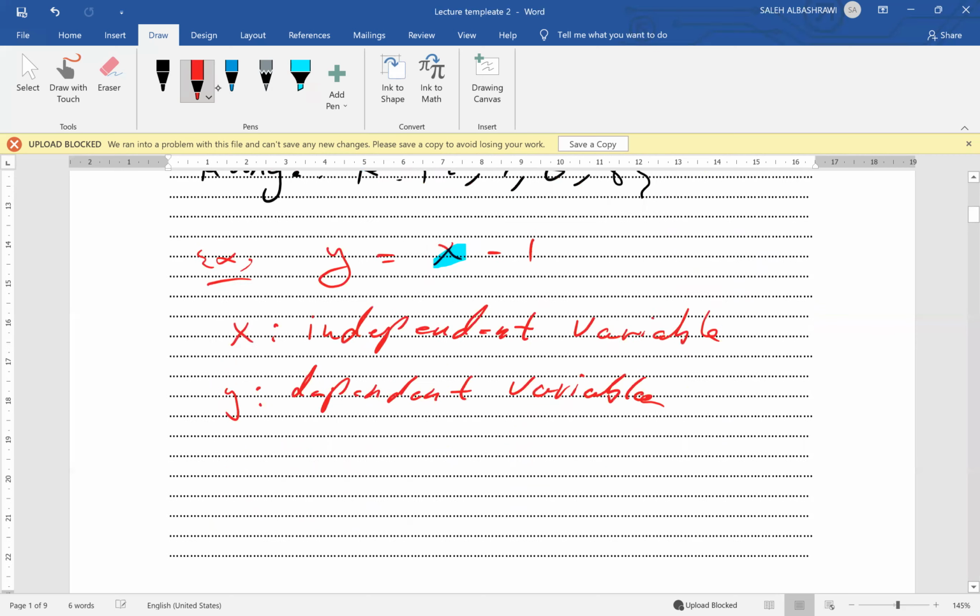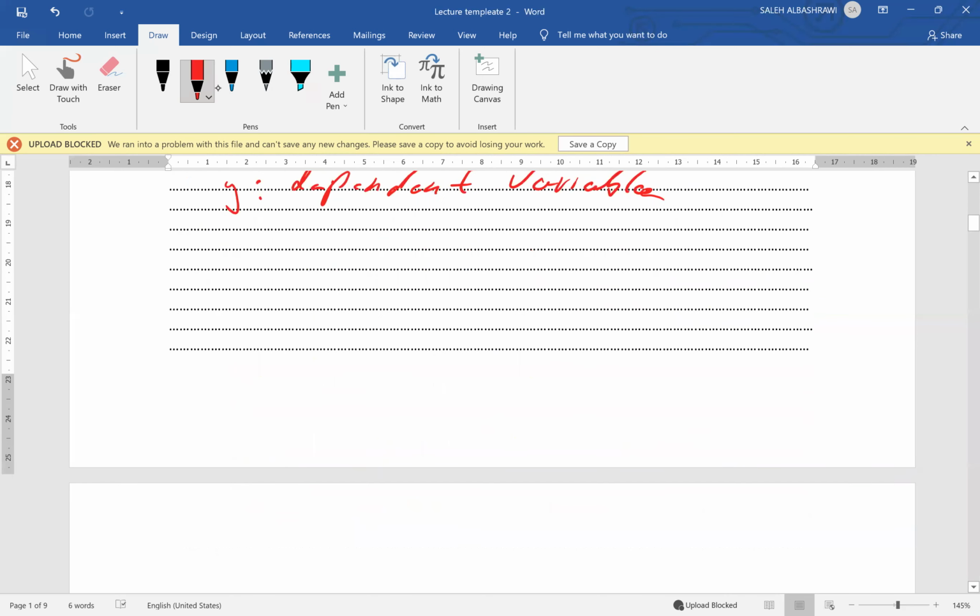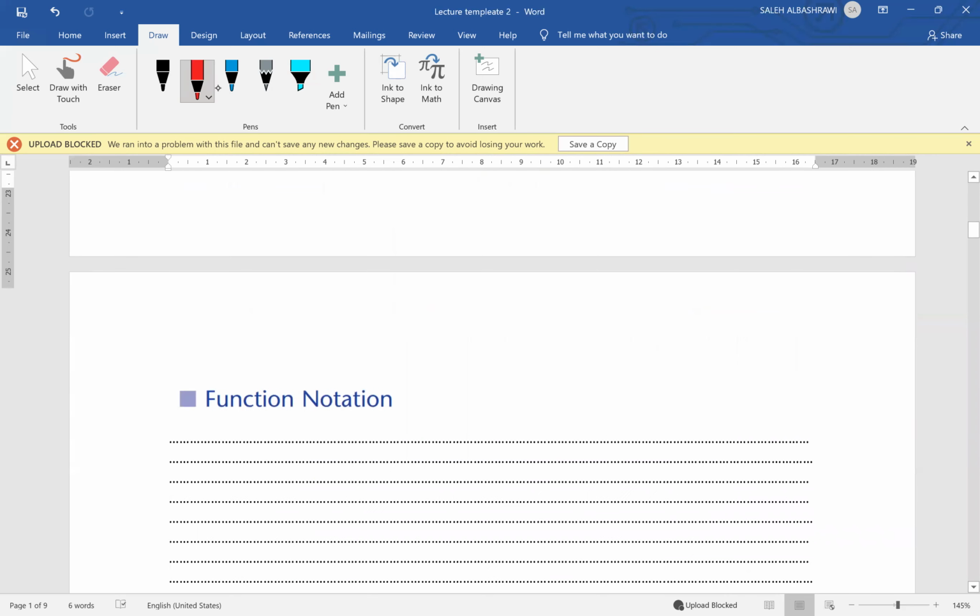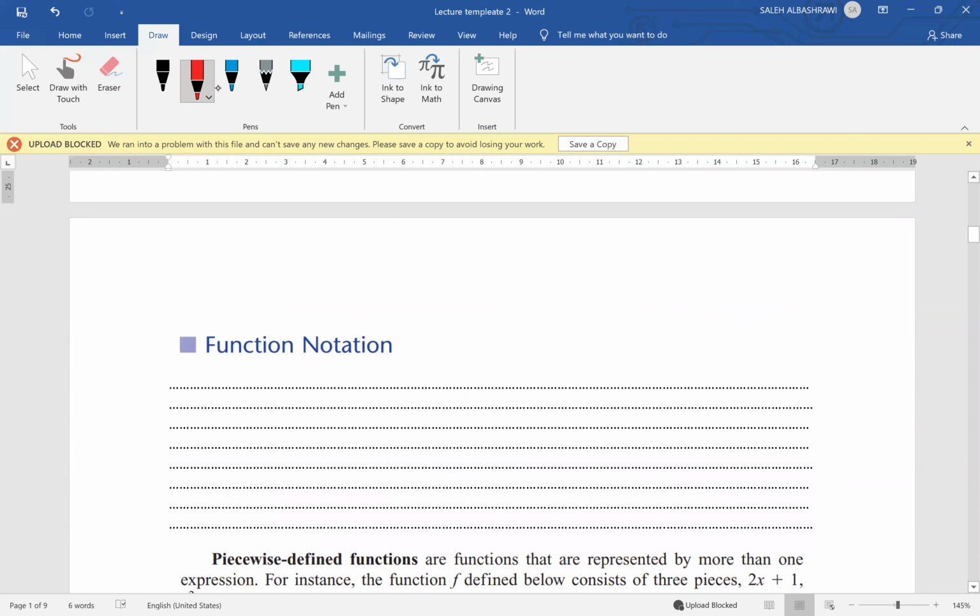In general, the function can be written using different notations. Usually, we use the letters f of x, g of x, h of x. These are notations for the function, and x gives me the independent variable.